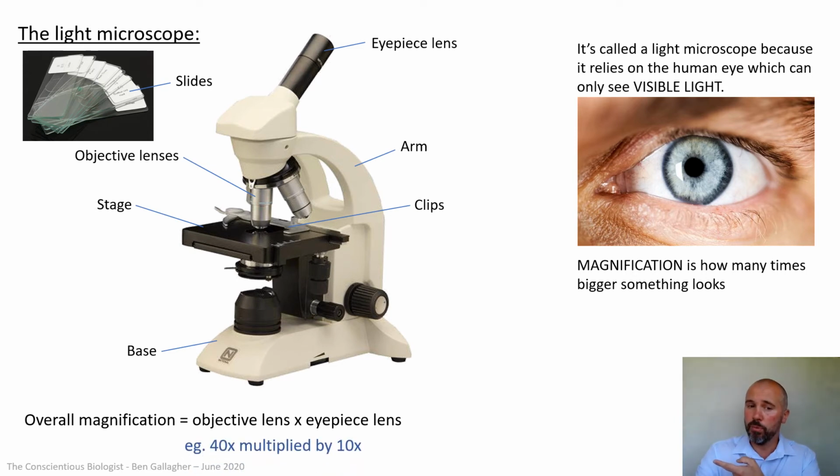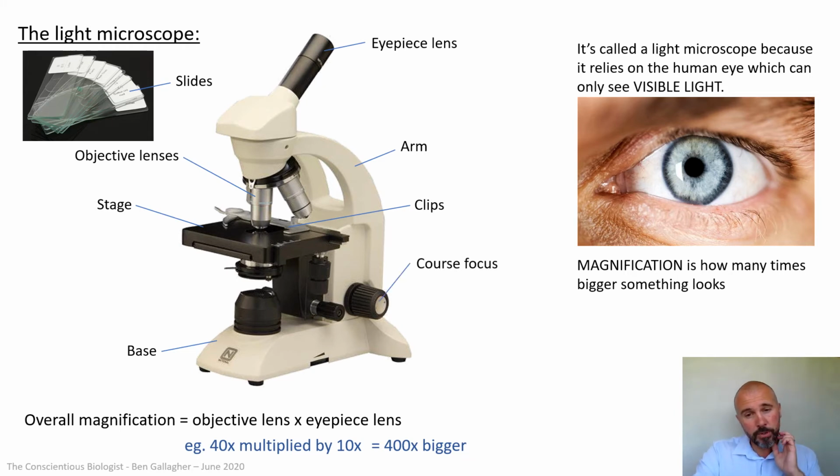So for example, if your objective lens was 40 times magnification, it made things look 40 times bigger, but then your eyepiece lens was 10 times, then it's 10 times bigger than the 40 times. So it's 40 multiplied by 10. So the overall magnification of that microscope with a 40 times objective lens and a 10 times eyepiece lens would be 400 times. So you're making the sample on your slide look 400 times bigger than it is when you're viewing it with the naked eye. Okay.